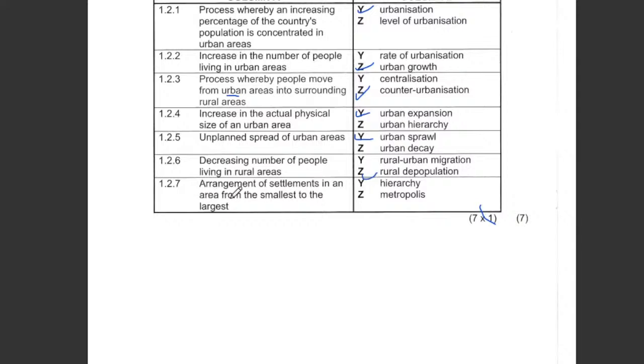Then arrangement of settlements in an area from the smallest is hierarchy, which is Y. So here we have Y, Z, Z, Y, Y, Z, and Y.